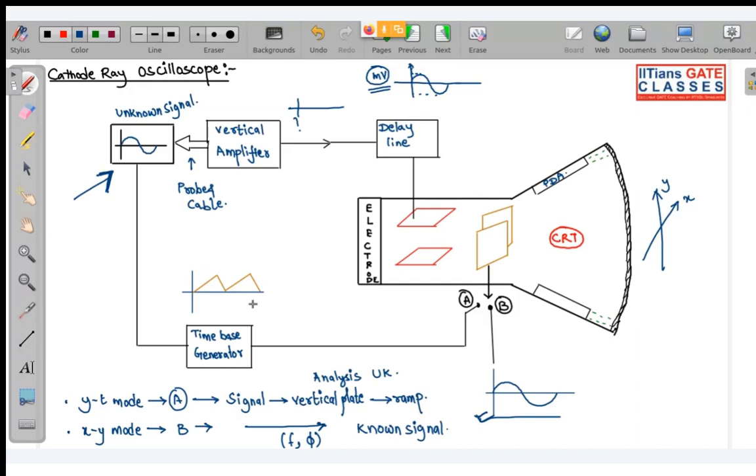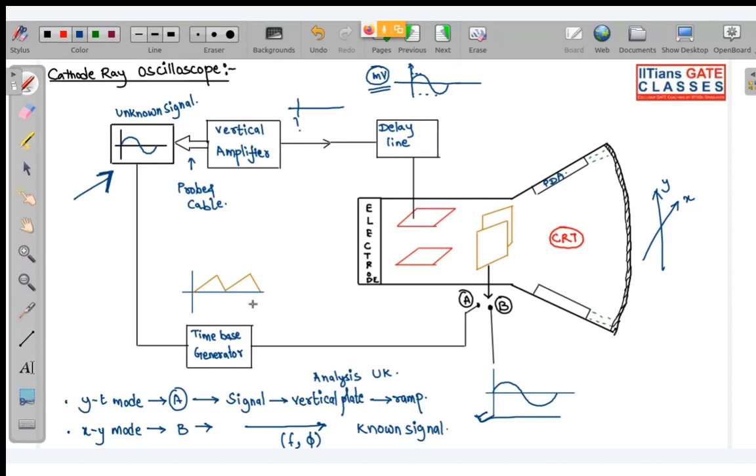Okay, third point I told. Fourth point: most of the properties of CRO are decided by the vertical amplifier, like input impedance, bandwidth, rise time.